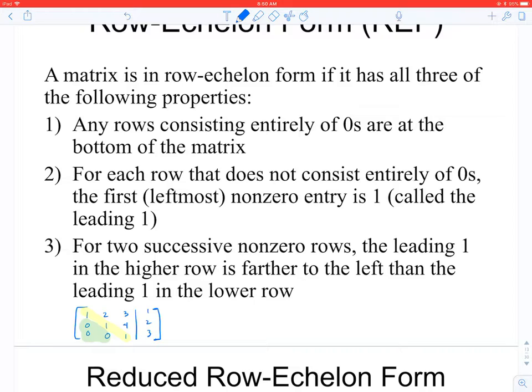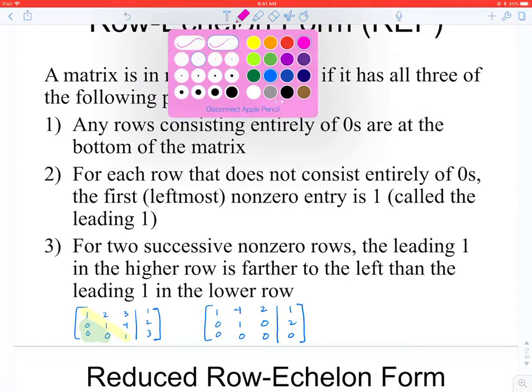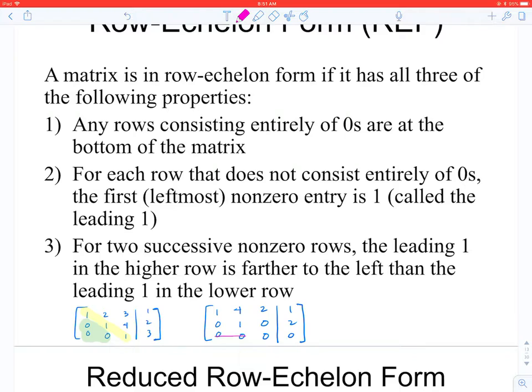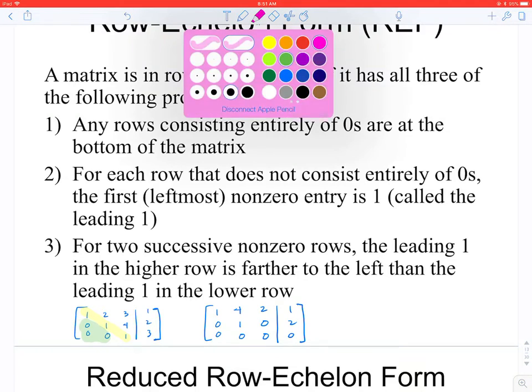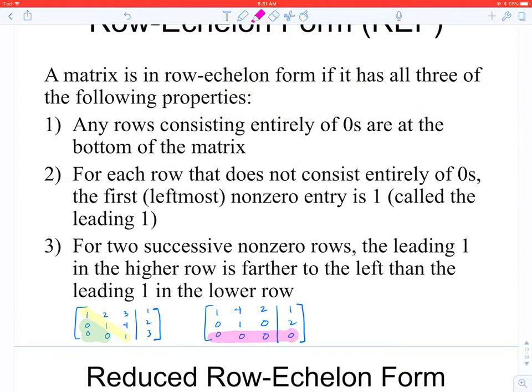Another example of a matrix in row echelon form could be if we had 1, 0, 0, I don't know, 4, 1, 0, 2, 0, 0, 1, 2, 0. Okay, where this bottom row is all zeros.